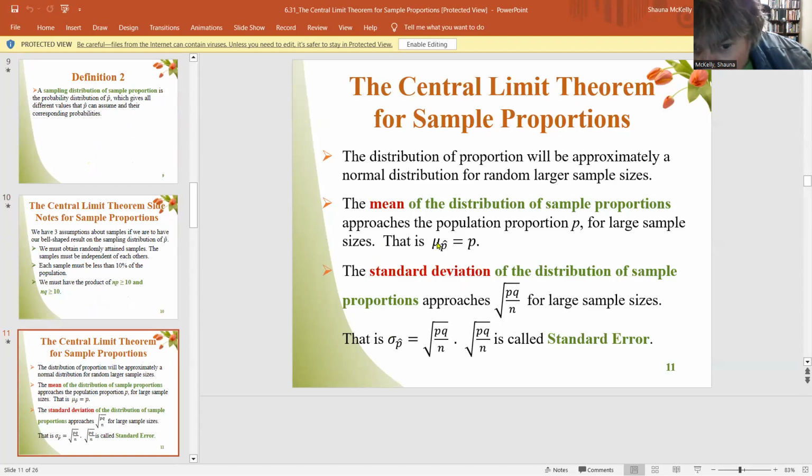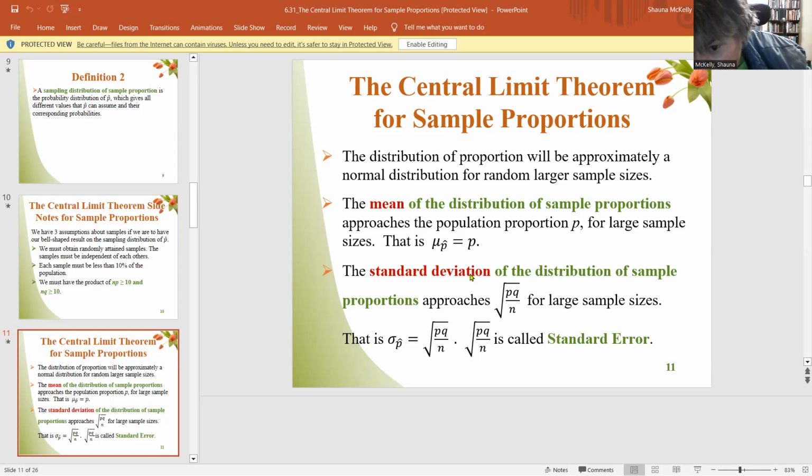The mean of the distribution approaches the population proportion P. We start with P hat. Mu of P hat is going to approach P if your sample size is large enough. So it's going to approach the population proportion.